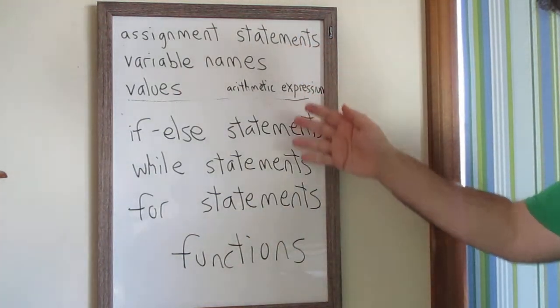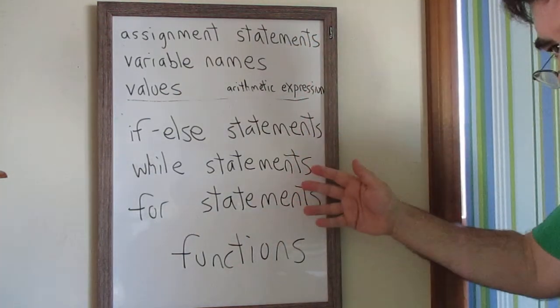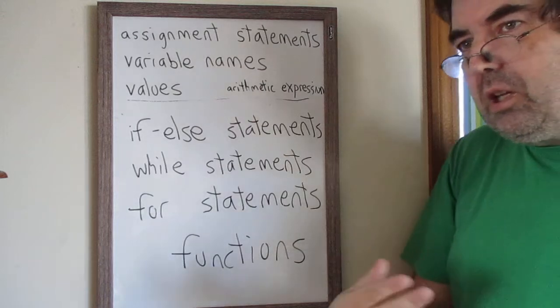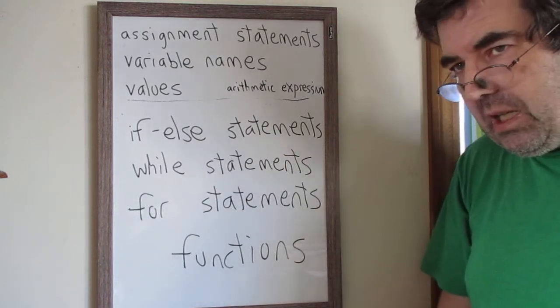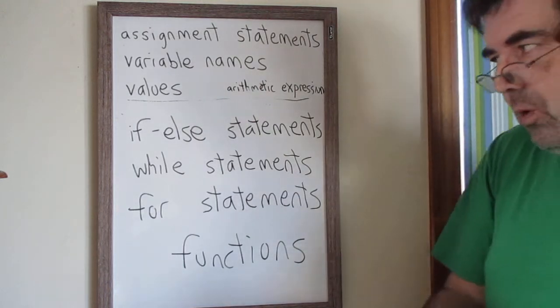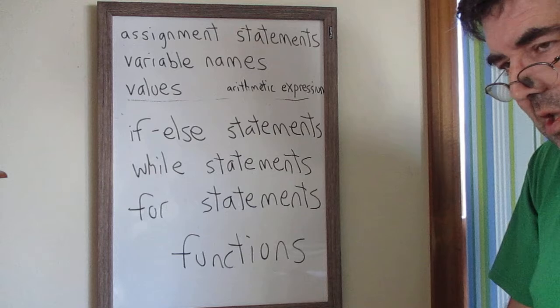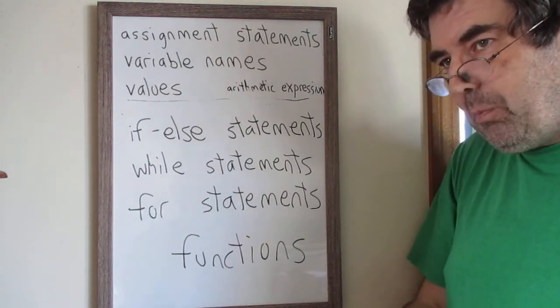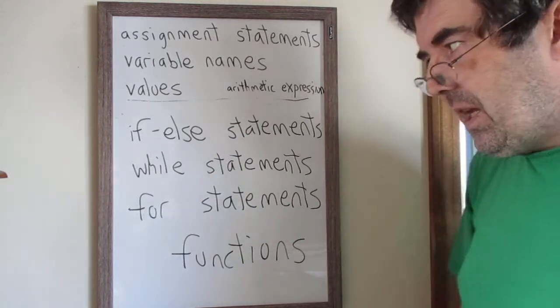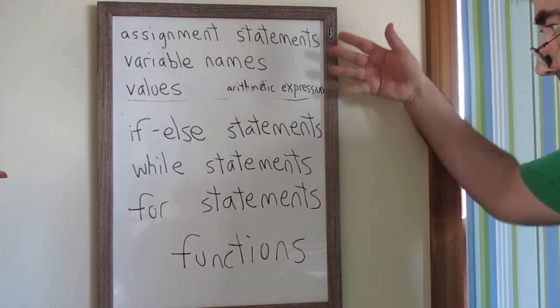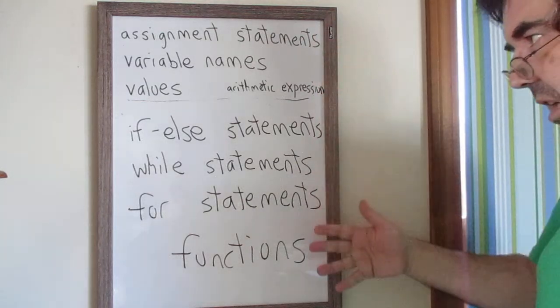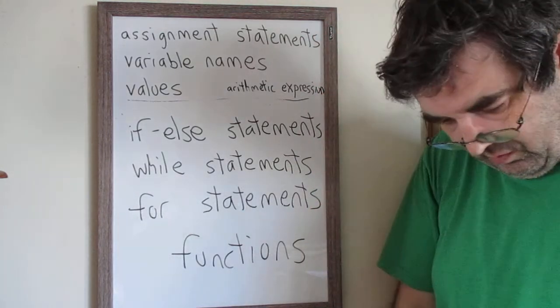You write code using these beginner-level features, and then that code you want to package and maintain in a careful way. You use object-oriented features to package up and organize and maintain code that you write using these beginner-level building blocks.